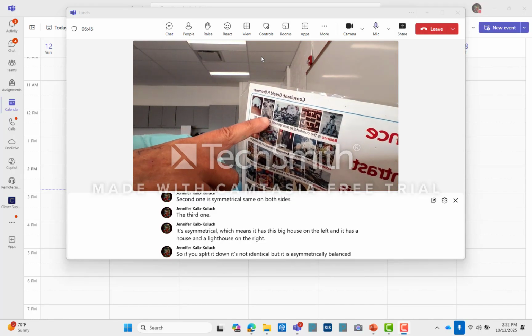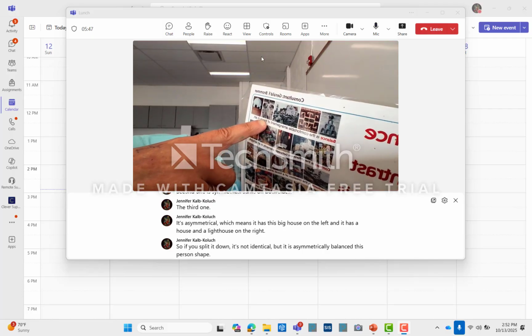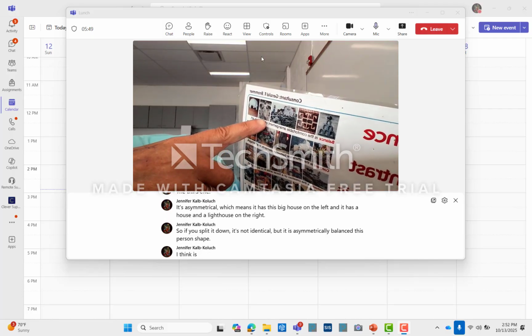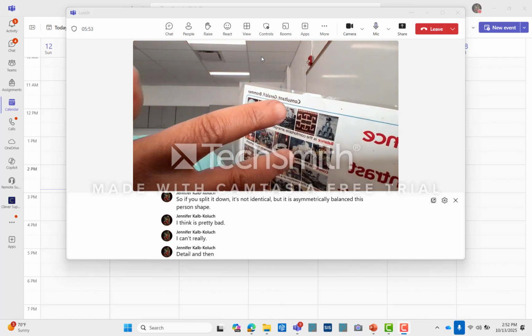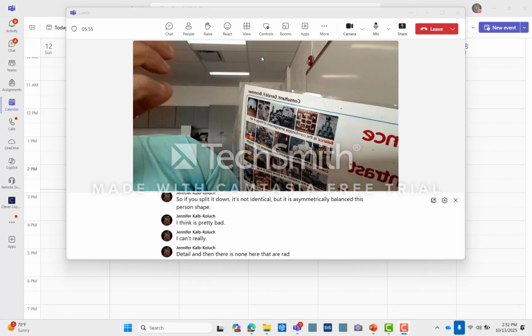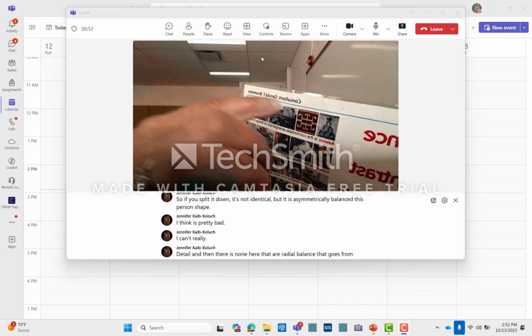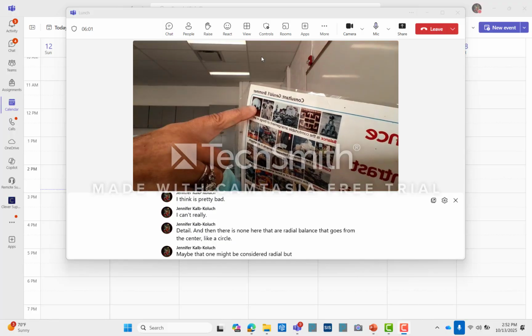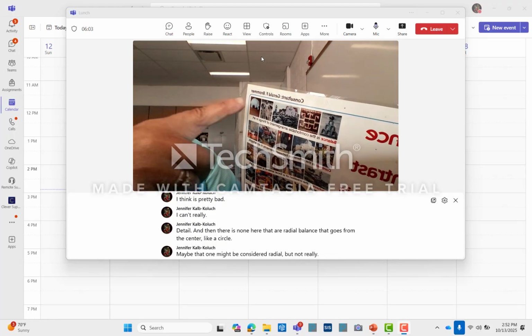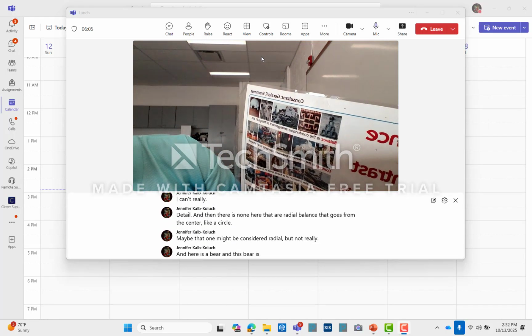This person shape, I think is pretty balanced. I can't really tell. And then there is none here that are radial balance, that goes from the center like a circle. Maybe that one might be considered radial, but not really. And here is a bear, and this bear is asymmetrically balanced.